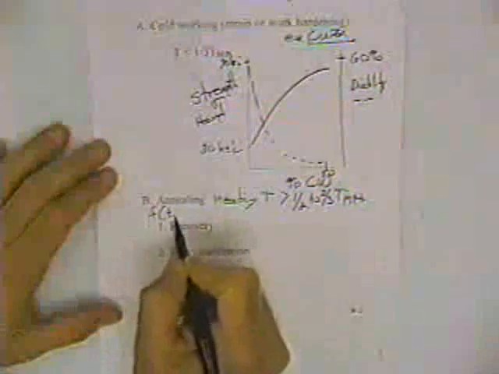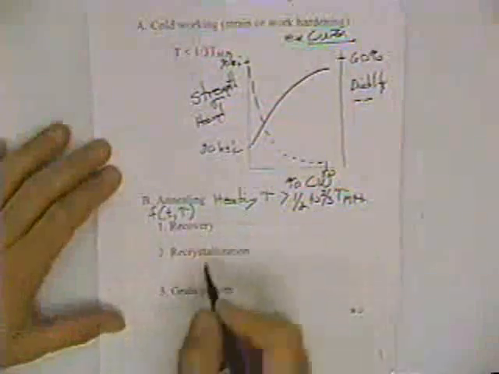Now, why do you want to be greater than half the melting point? Well, an hour ago we talked about diffusion. What kind of process was diffusion? Thermally activated, wasn't it? So the annealing process is a thermally activated process. So the higher the temperature, the shorter the time. So this is a function of time and temperature.